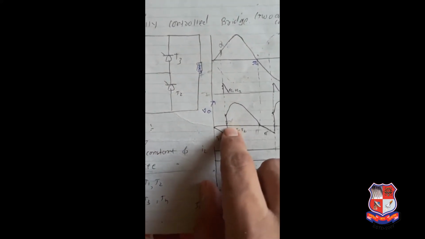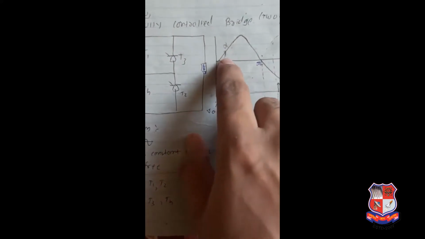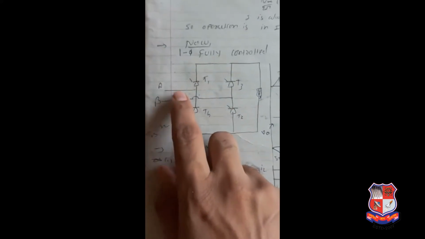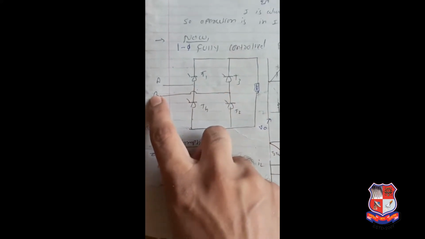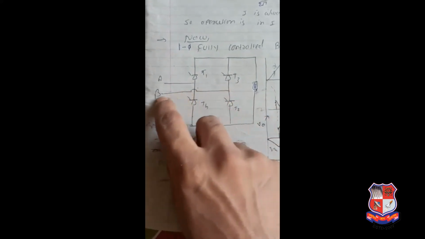As soon as the gate pulse is given to T1 and T2, they turn on, and the load is connected with the supply. Current will flow from terminal A through T1, the load, T2, and back to B.